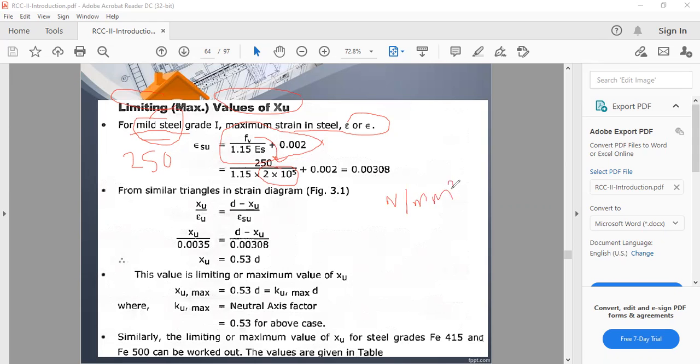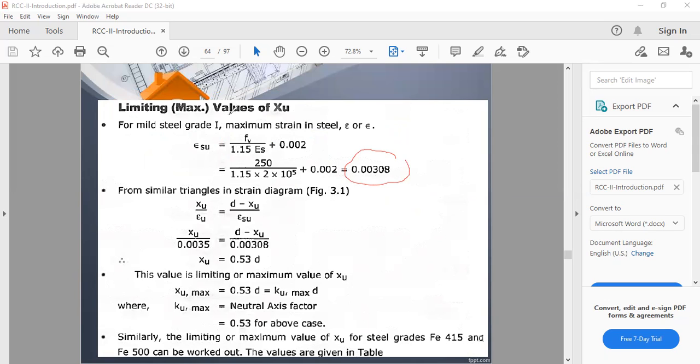So plus 0.002, if you add, you will get 0.00308. That's the maximum strain in the steel. It has no unit. So 0.00308 is the maximum strain.